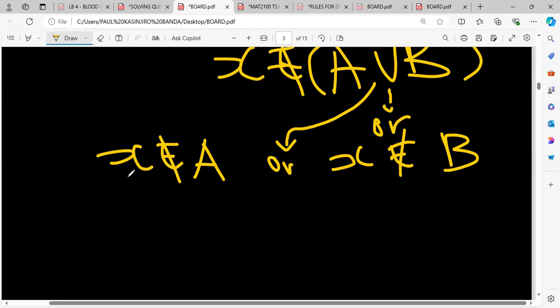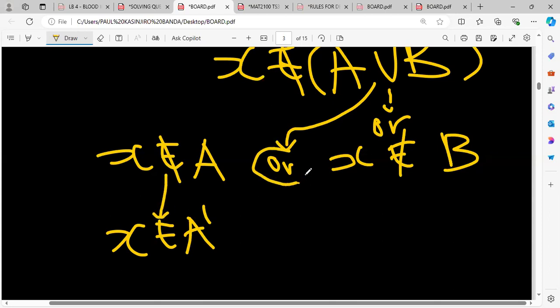So if X is not a member of A, then it means what? It means that X is a member of A complement. Okay, and then immediately you change from not a member of to a member of.